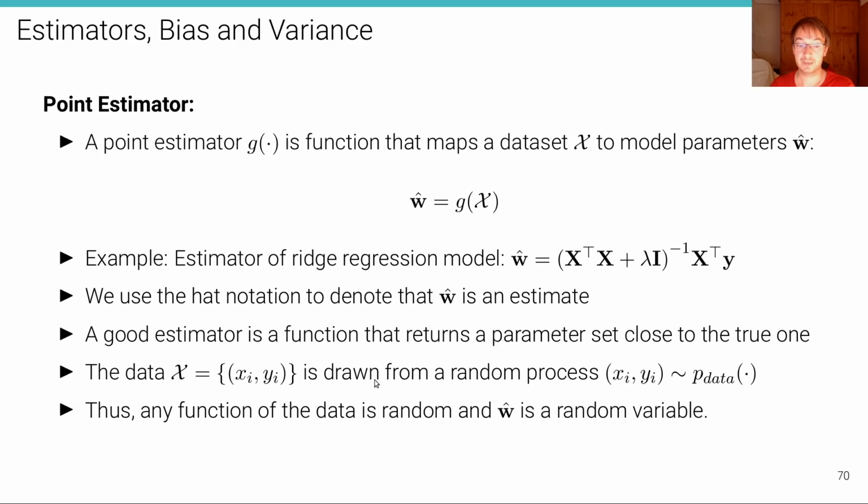Therefore, any function of the data is random, and W hat, this point estimator, is a random variable itself. This means if I choose different datasets from this data distribution, I obtain different estimates. I choose different datasets, let's say with size 10, as we have seen before, but each time a different one from the underlying data distribution, and I get a different W.